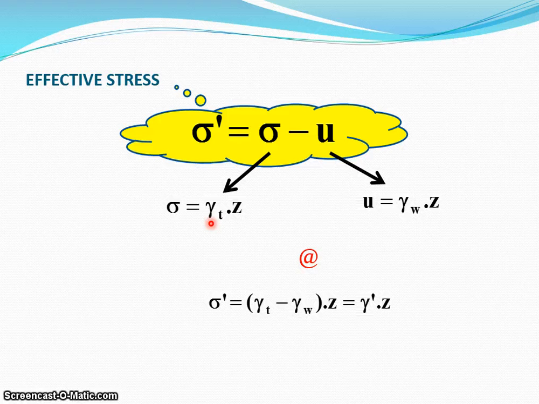It can also be calculated easily: the unit weight gamma, either bulk or saturated, minus gamma water, 9.81 or 10 kilonewton per meter cube, times the depth or height of the soil, so we get gamma prime times z. That gives the effective stress, the real strength of the soil.